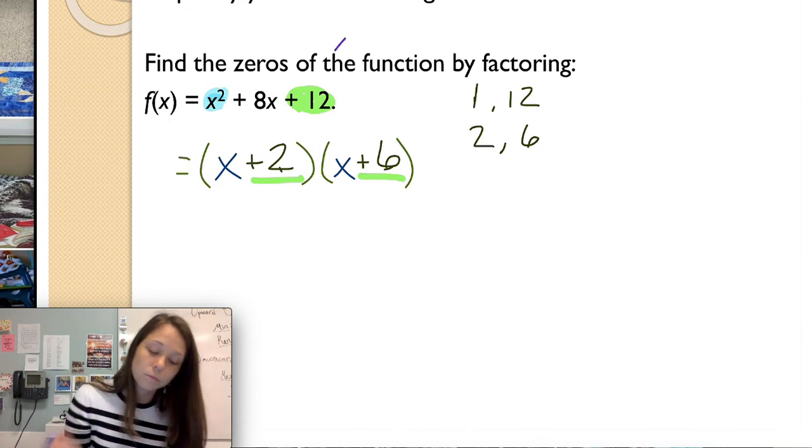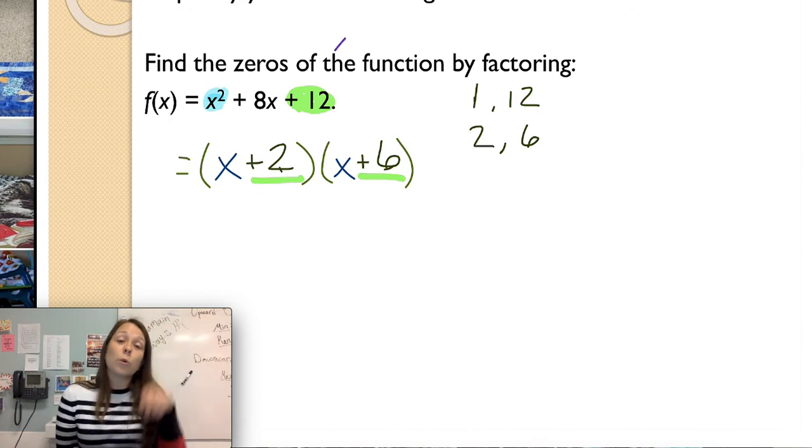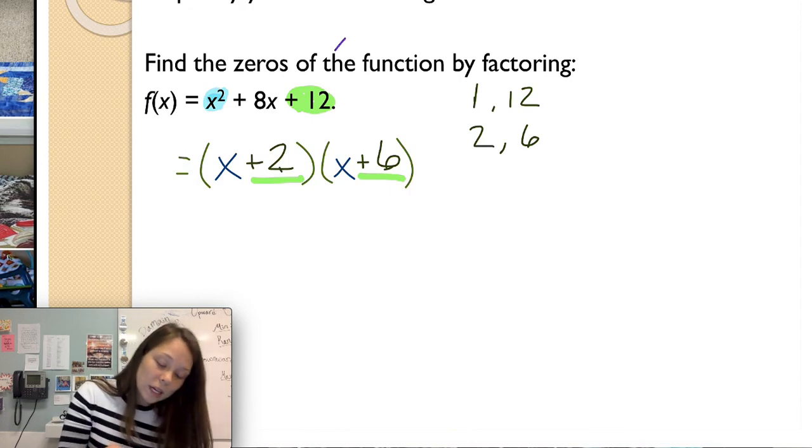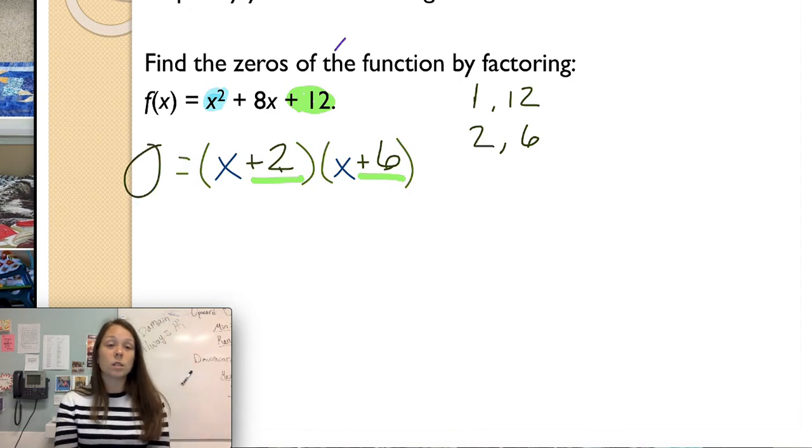Now, when we're finding zeros by factoring, the first step is to factor, and after that we need to set this equation equal to 0, because finding zeros is finding where the graph crosses the x-axis, meaning our value of y is 0.